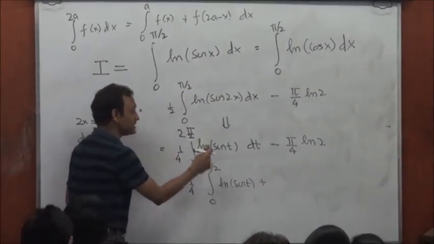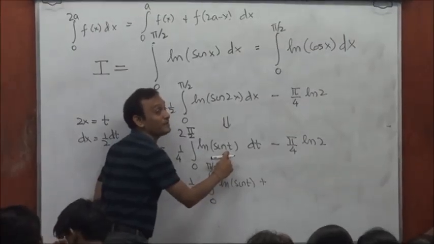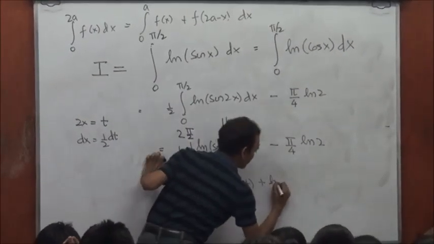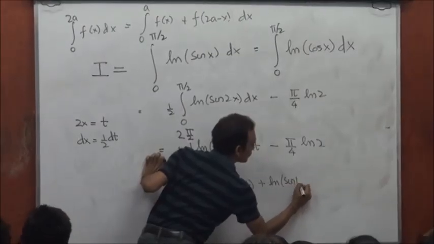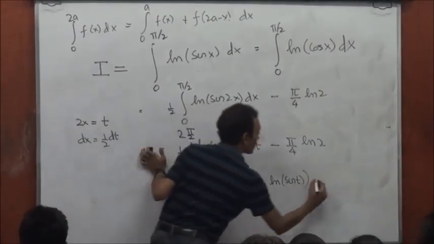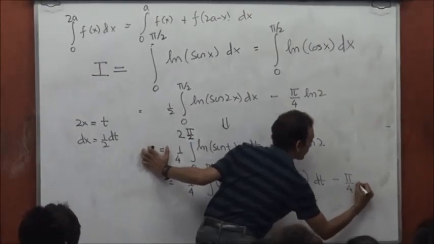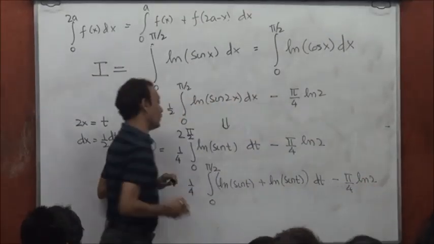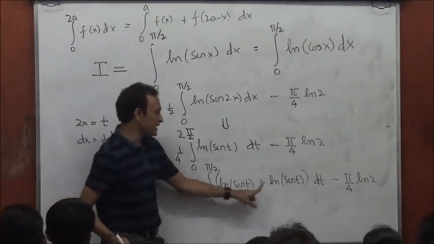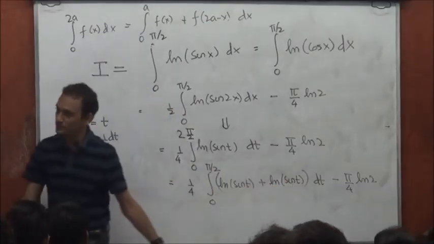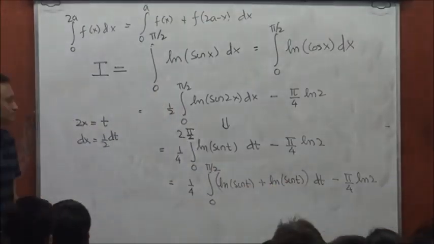Log of sine of pi minus t would be log sin t itself. Yes or no? This is f(t) plus f(2a minus t), that means f(pi minus t). It should be log sin t itself. Got me?